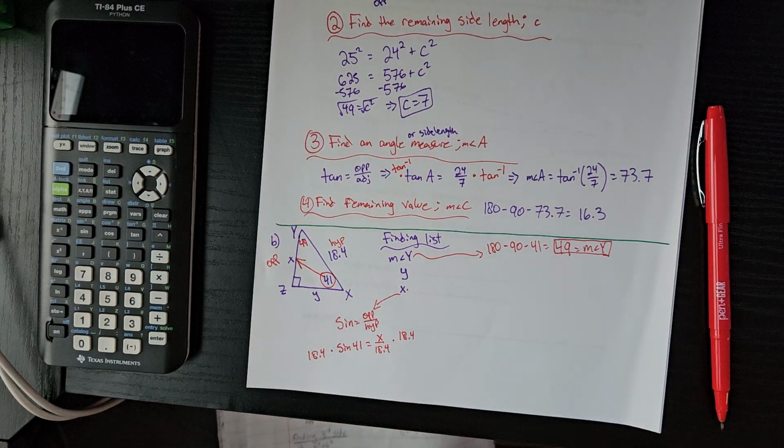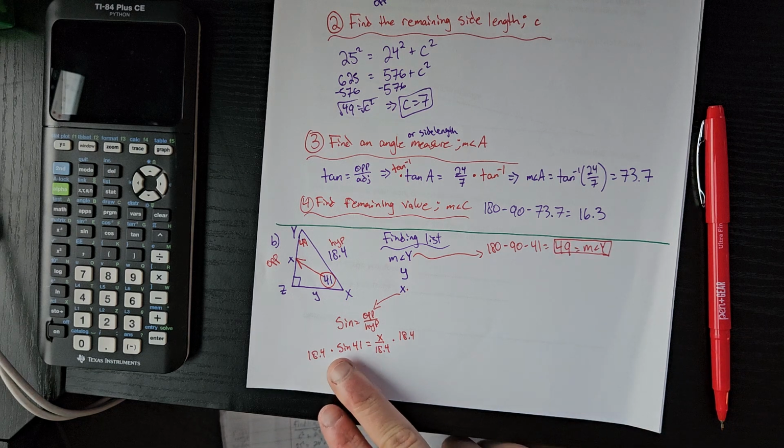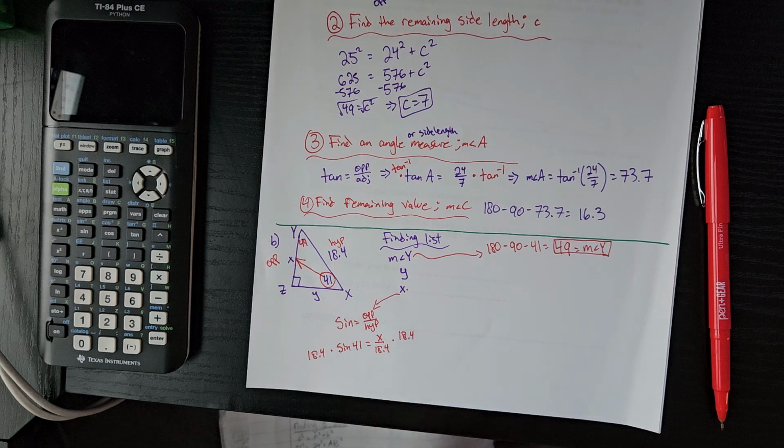Note that since this is the lesson we learned about inverses, we do not need to take the inverse of everything. We can just do sine of 41. We don't have to do inverse sine of 41. You're not going to get the right answer if you do the inverse sine of 41.